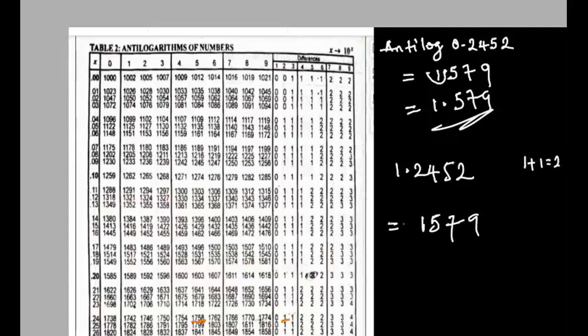That means I'll move the decimal forward 2 times from the front. I'll go 1, 2, and then my answer becomes 15.79. Yes, that is it.